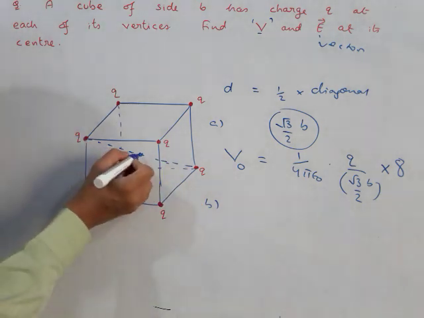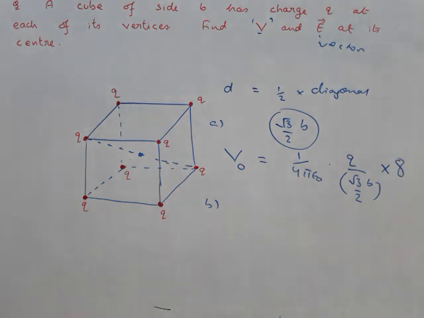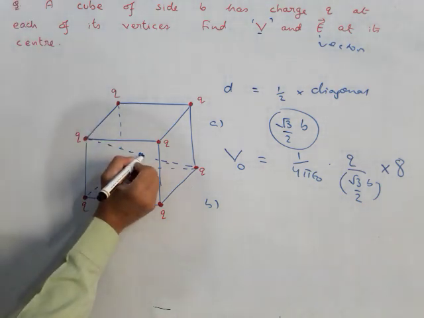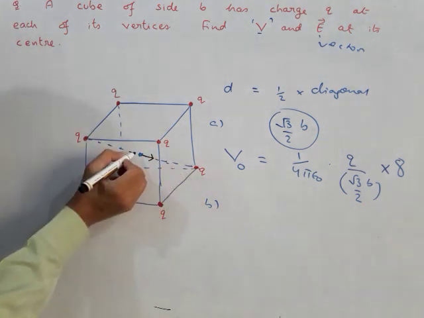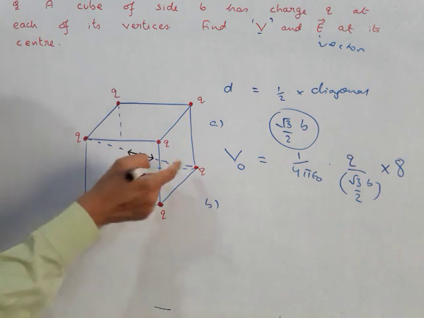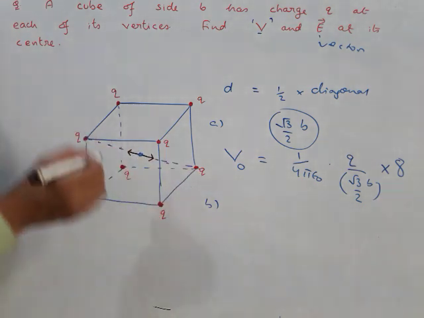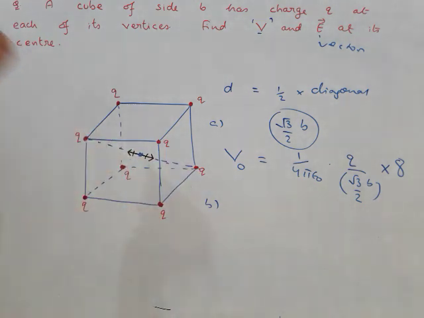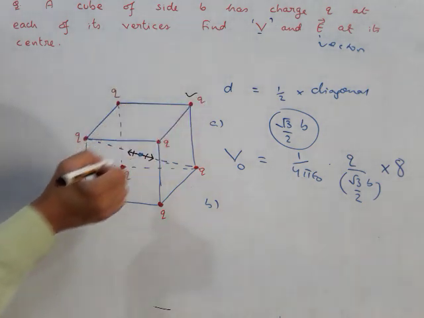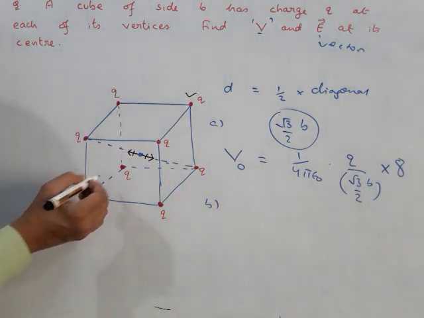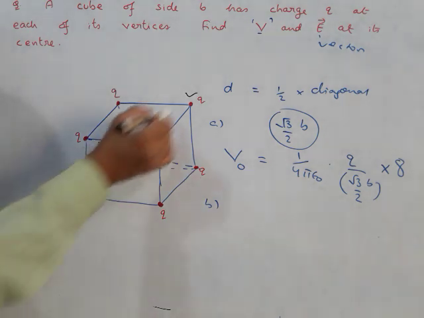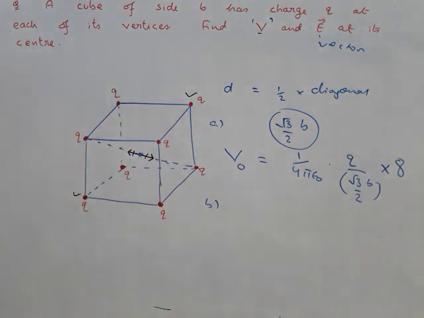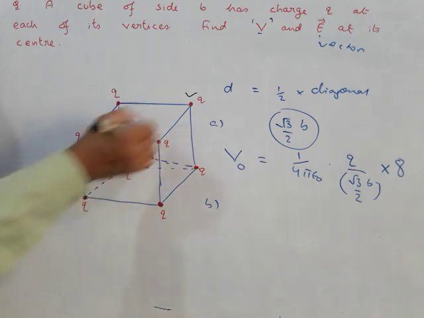So this charge will create electric field away from it if it is positively charged, like so, and this charge will create electric field opposite, away from it, like so. So these two electric fields will cancel each other. Likewise, this charge and this charge, if you join them, you will get the diagonal, and O will be at the midpoint of that diagonal.